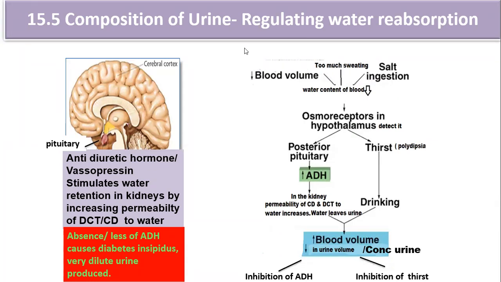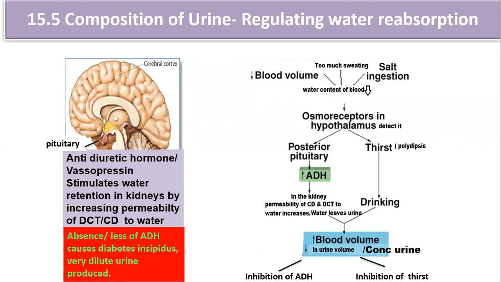So if there is a decrease in the blood volume, too much sweating, or you consume more salt, the water content of the blood is going to decrease. Under those conditions, we have the osmoreceptor in the hypothalamus. Hypothalamus is a part of your brain; the forebrain has three parts: olfactory lobe, cerebrum, and diencephalon.